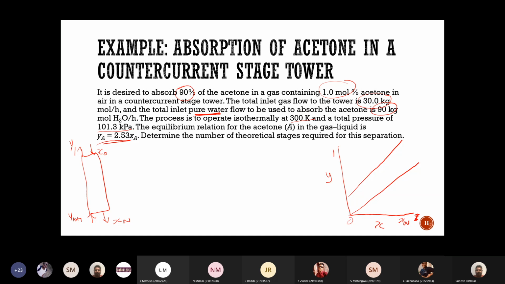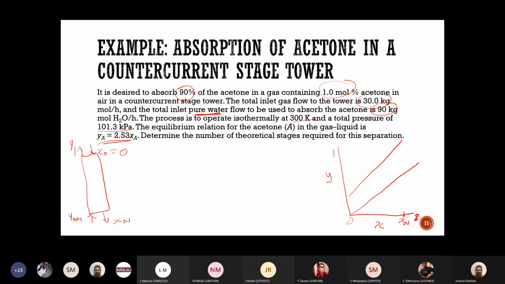And x0 coming in, you know that it's pure water, so that is 0. So I have to start at 0. On my x-axis, I must be able to plot all values between 0 and xn. So I need to find out what xn is.